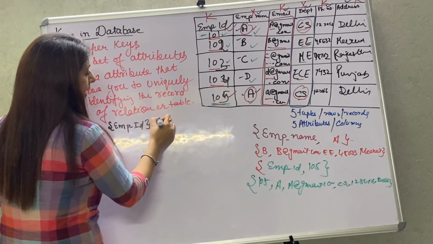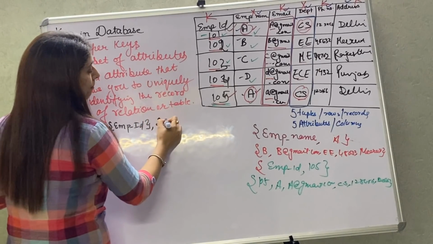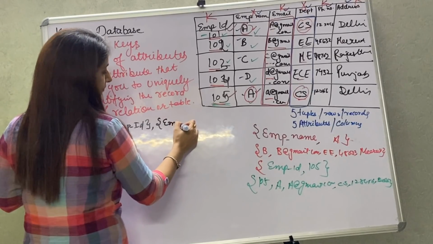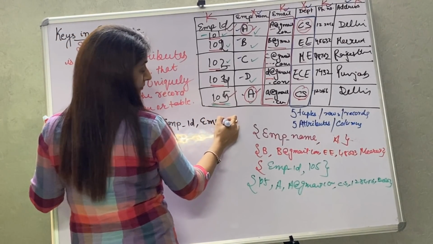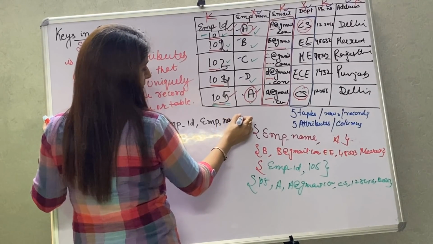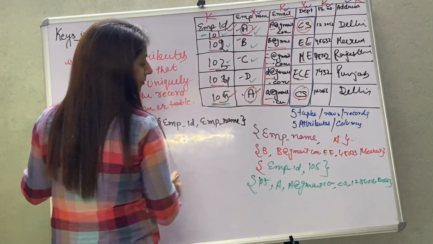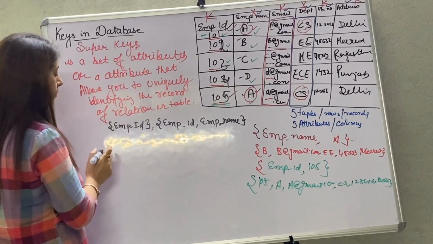If I say employee ID and employee name, this combination is also a super key.